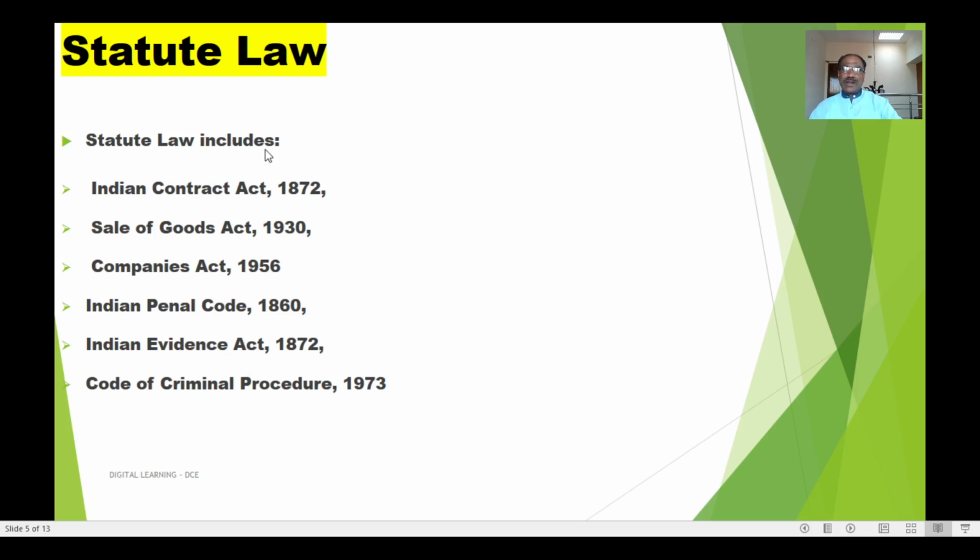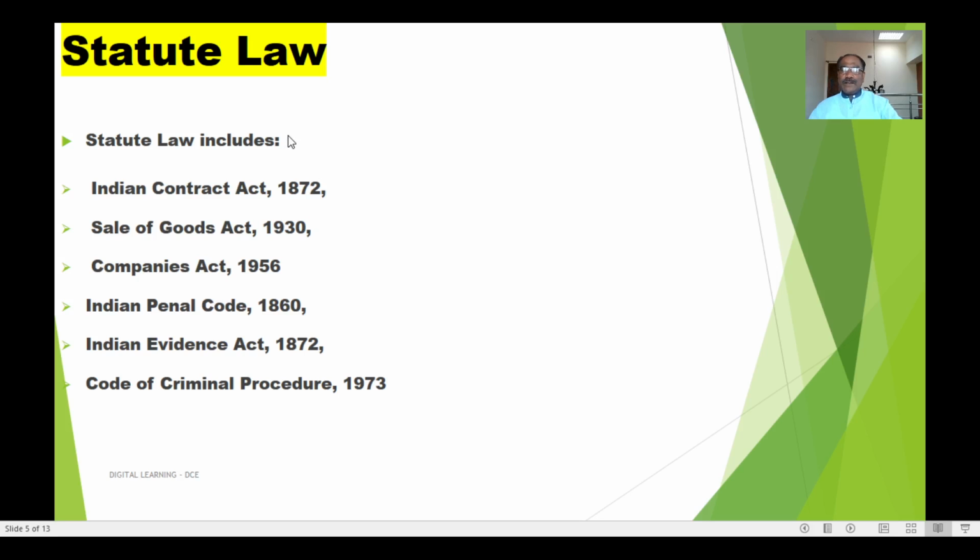The statute laws include the Indian Contract Act of 1872, made by the Parliament, the Sale of Goods Act of 1930, the Companies Act of 1956, the Indian Penal Code 1860, the Indian Evidence Act 1872, and the Code of Criminal Procedure 1973. These are all important statute laws in India.